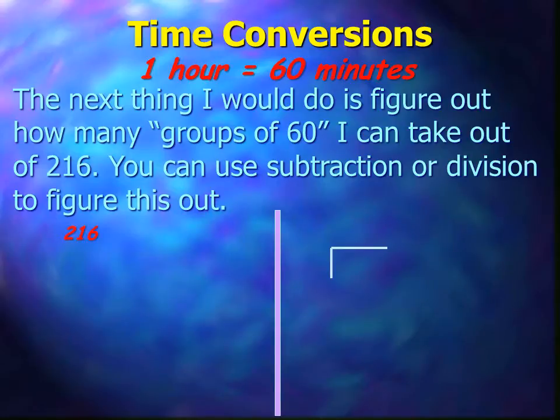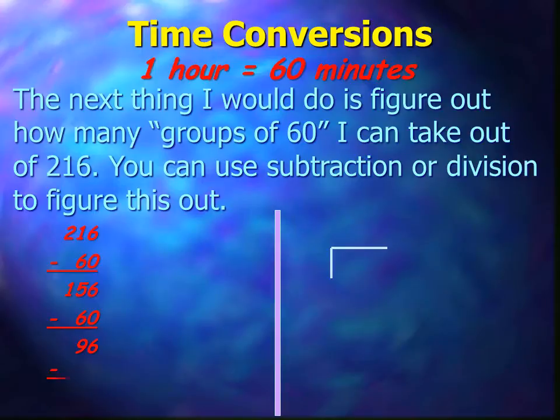In the subtraction method, we first write down how many minutes we have, 216. The next thing we need to do is start subtracting groups of 60 out of that first number. So 216 minus 60 is 156. If I take another group of 60 out, 156 subtract 60 is 96.